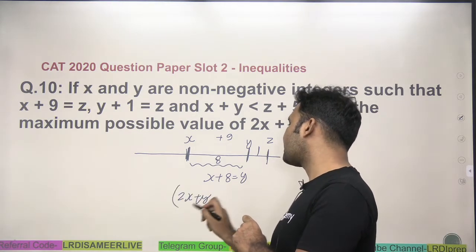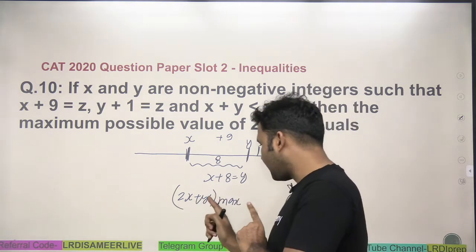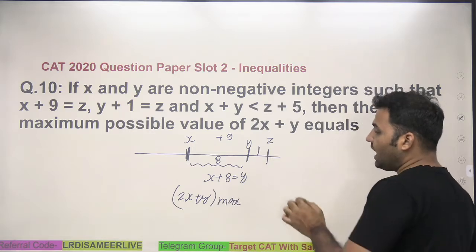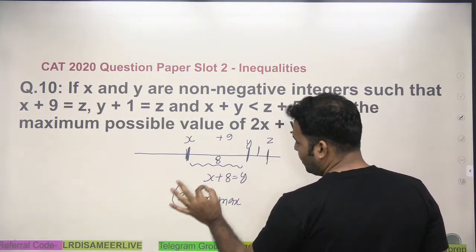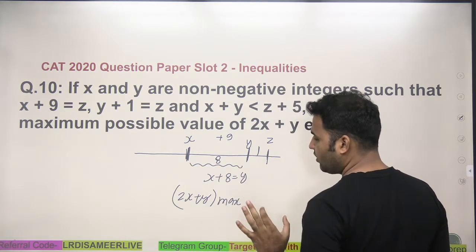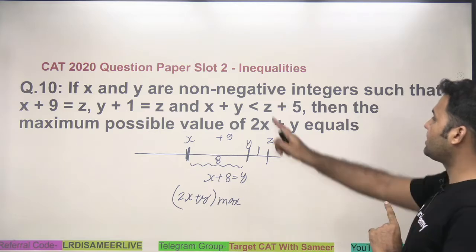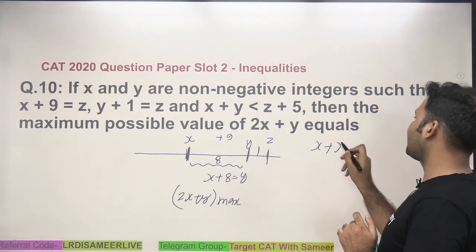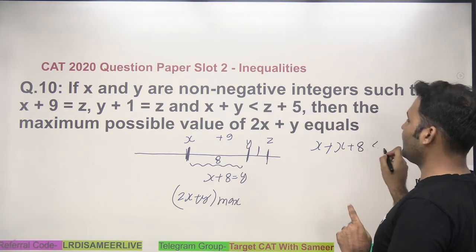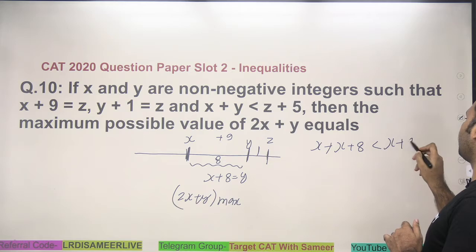If I want to maximize the value of 2x plus y, I will maximize the value of x, and I will also be maximizing the value of y. And because y is dependent on x, whatever value of x you get, you will get a unique value of y. So I just need to maximize the value of x with this relation: x plus 8 less than z can be written as x plus 9 plus 5.